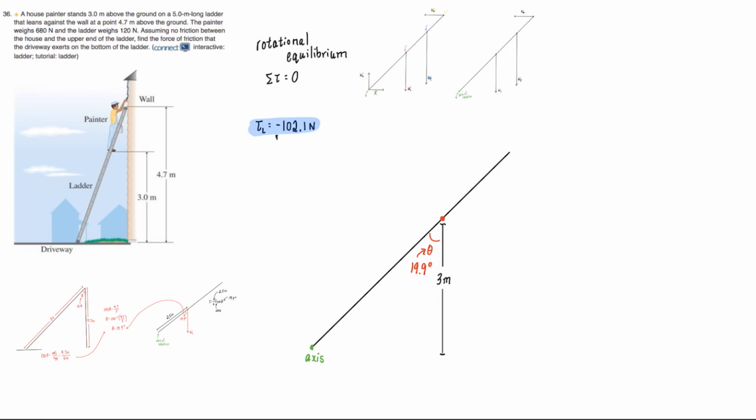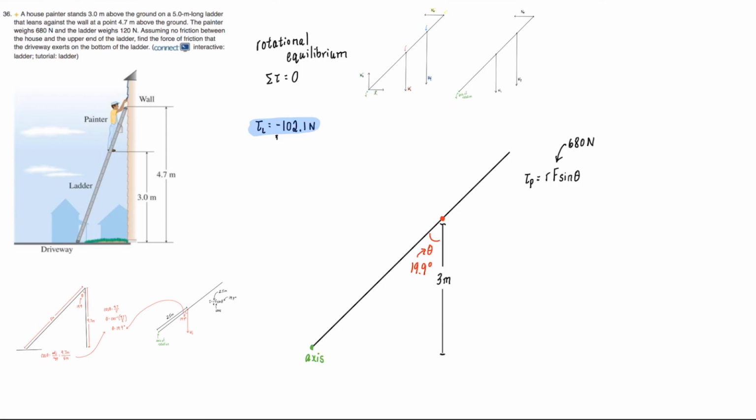So in order to find the torque caused by the weight of the painter, we're going to use the same formula we did for the torque of the ladder, which is just going to be torque of the painter is equal to radius times force times sine theta. Now the force is simply going to be the weight of the painter, which we're given to be 680 newtons.